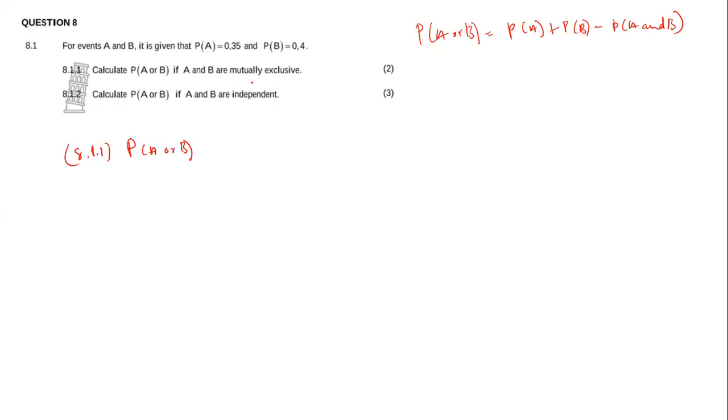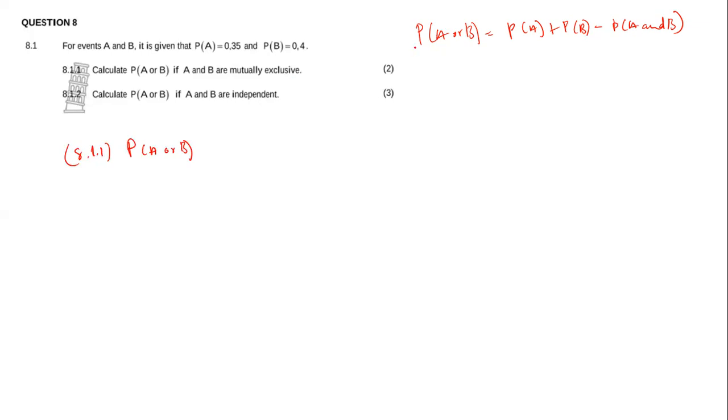What is the condition here? We use the formula probability of A or B equals probability of A plus probability of B, subtract probability of A and B, when the events are inclusive.